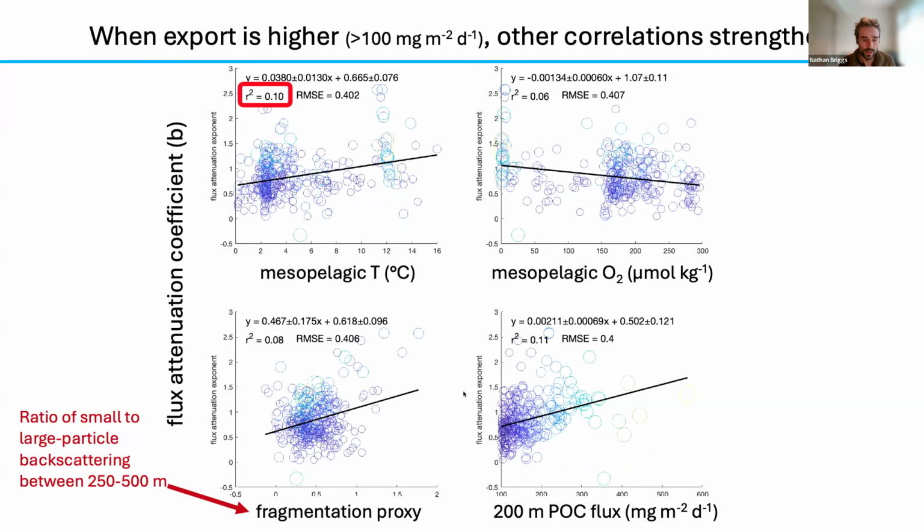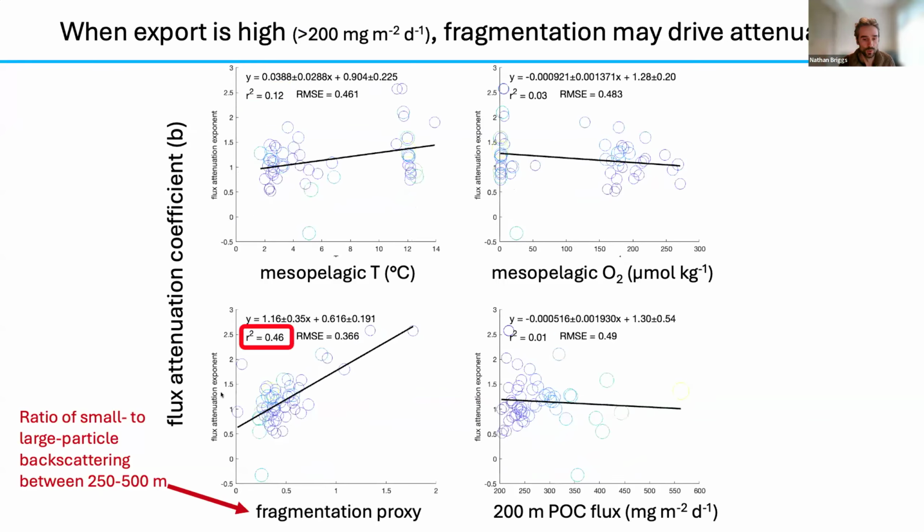If we do zoom in on the really high flux events, we can see a second order pattern coming out. This is a bit speculative, based on really a few data points. The whole trend is based on a few data points, so take this with a grain of salt. But if you look at just the high export events, we can have this proxy of fragmentation, which is the ratio of small to large particles.